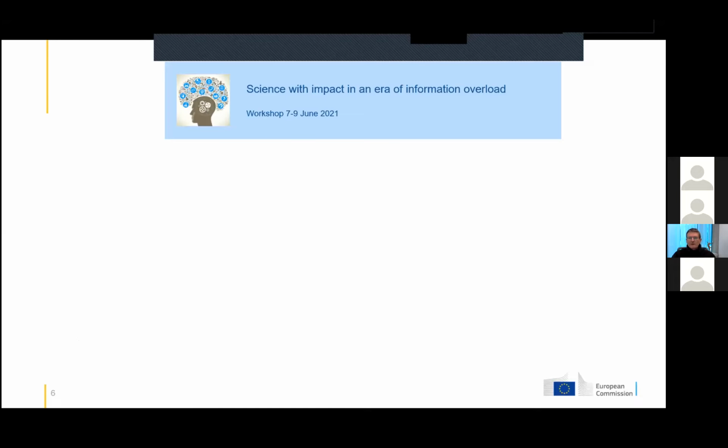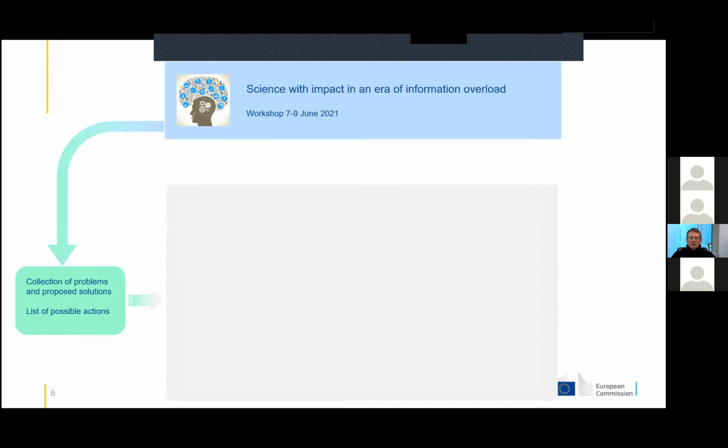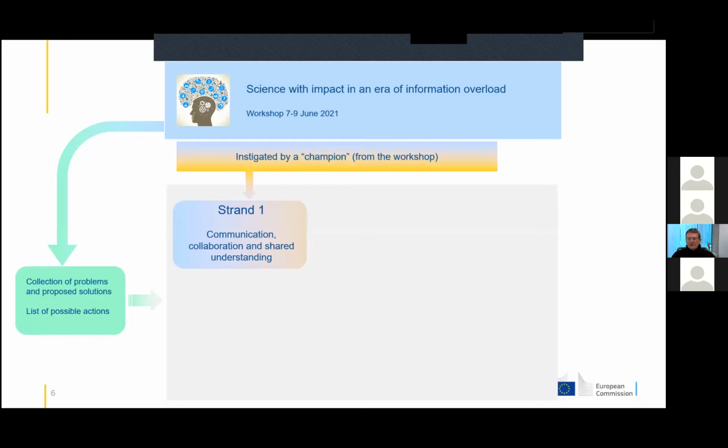So we had this workshop. The first output of this workshop was a collection of problems and proposed solutions and a list of possible actions. This will all be part of the workshop report once we share it with a larger community. And we came up with 3 strands of follow-up activities. Strand 1 deals with communication, collaboration, and shared understanding.